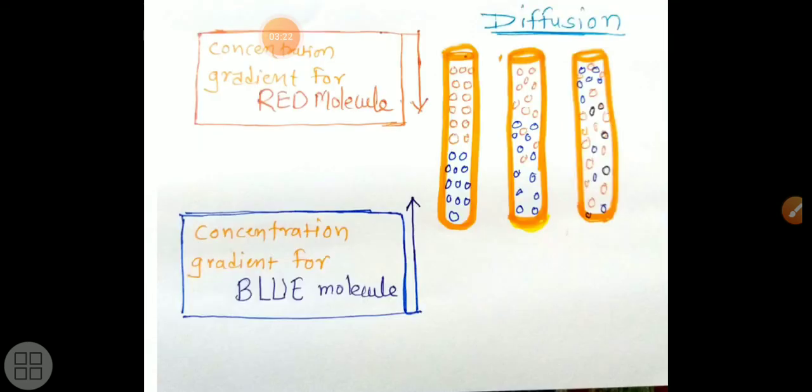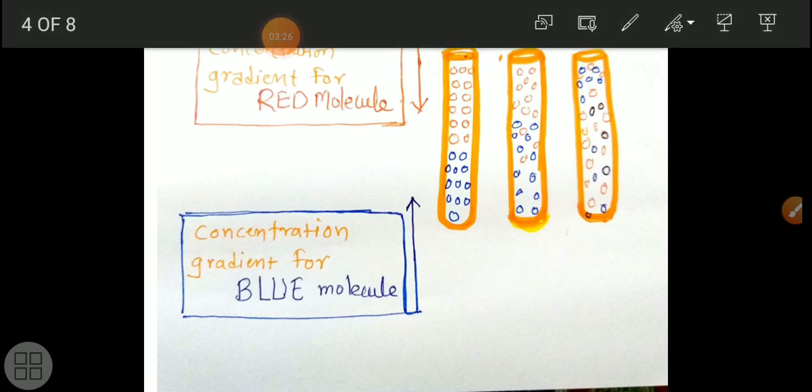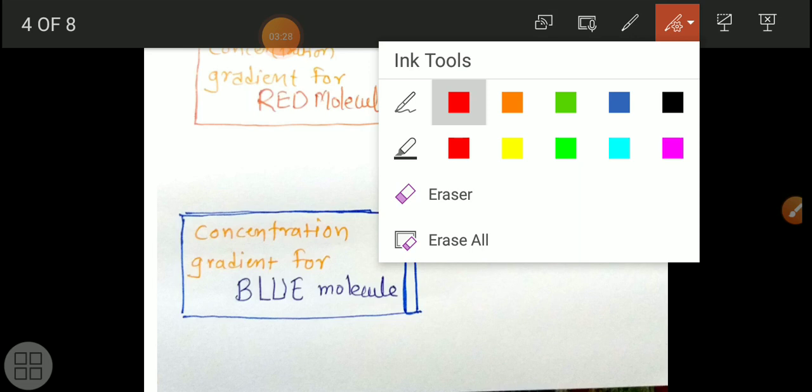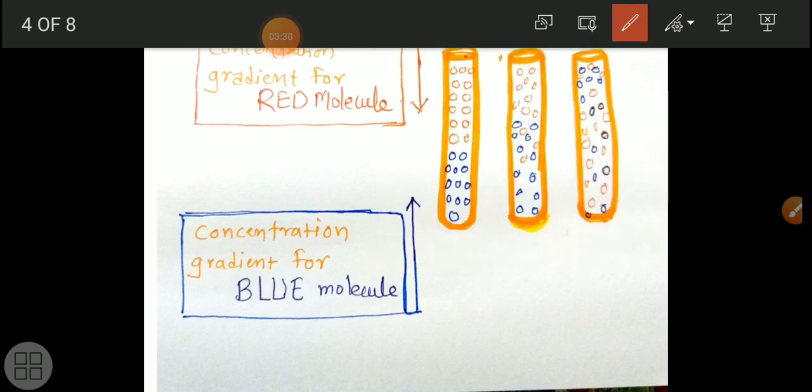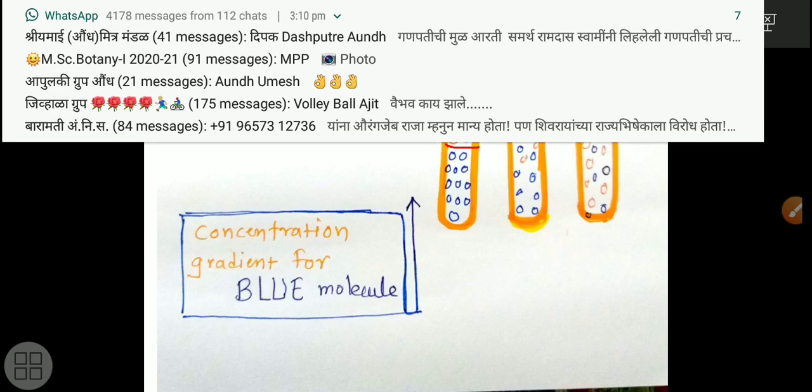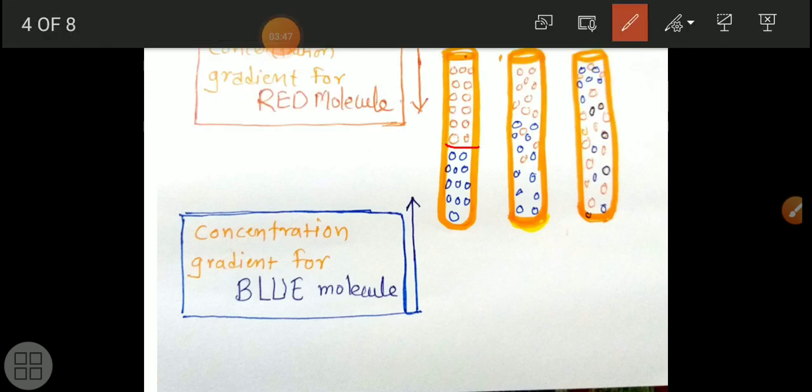Now, my friends, once again, there is a concentration gradient for the red molecule and a concentration gradient for the blue molecule. We know what is going to happen. First of all, we fill this test tube with a blue colored solution, and then we add a little red colored substance from the upper side.